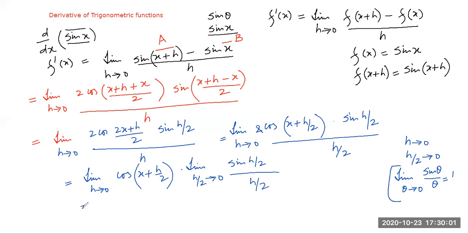So now, if I use limit h approaches 0, this becomes cos x plus 0, that is equal to cos x. So students, I have proven the derivative of sin x is equal to cos x. Fine. Any doubt, students?